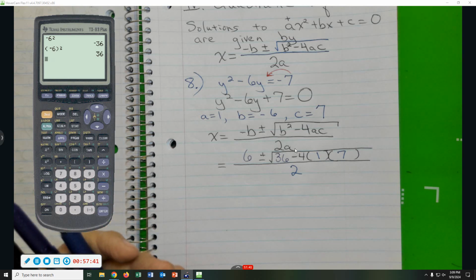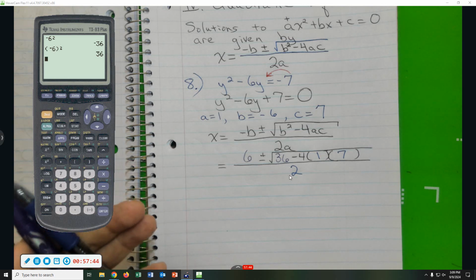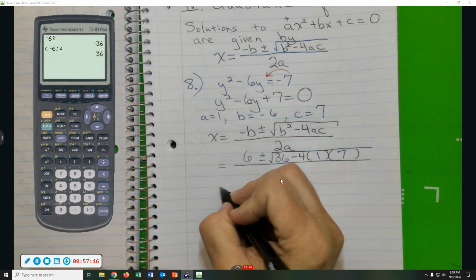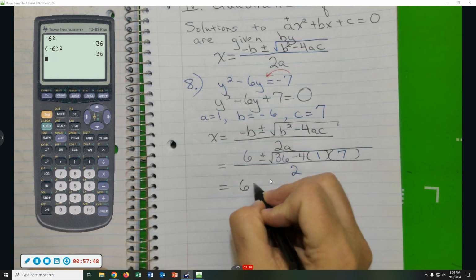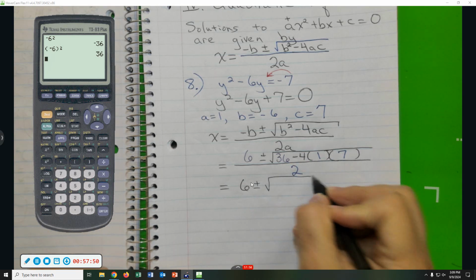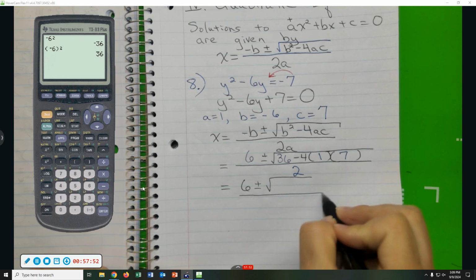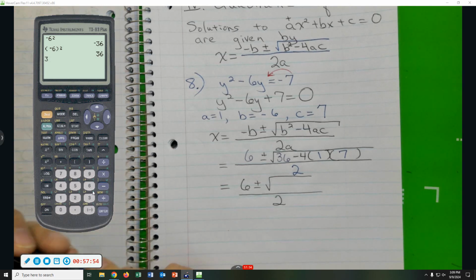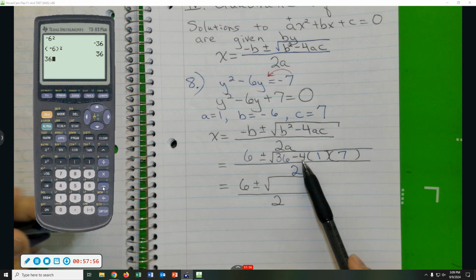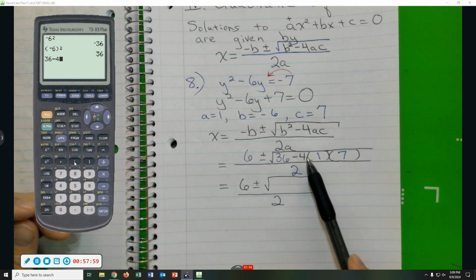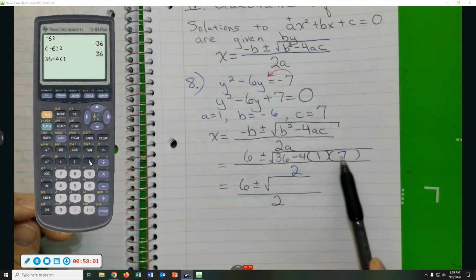And then the 2 times a, 2 times 1, just do that in your head. Sometimes showing too many steps makes it more difficult than helpful. Under that square root, 36 minus 4 times 1 times 7.